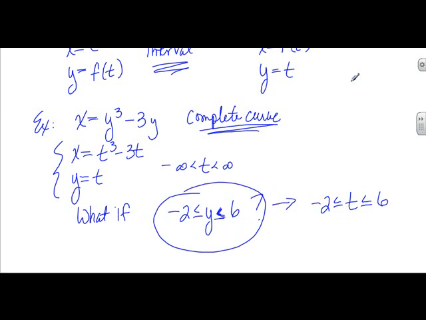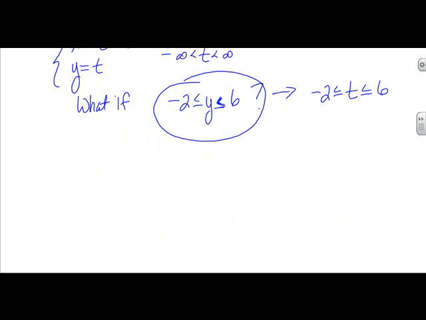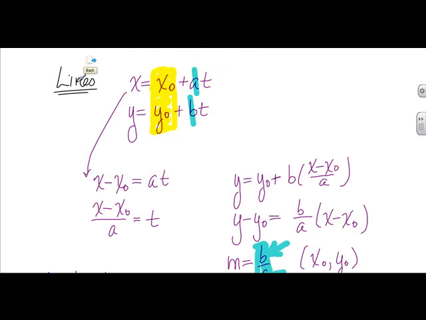All right, here's a problem that's a little more involved, a little more complicated. I want to write parametric equations, and I'm going to have two sets of parametric equations that will generate a linear path.